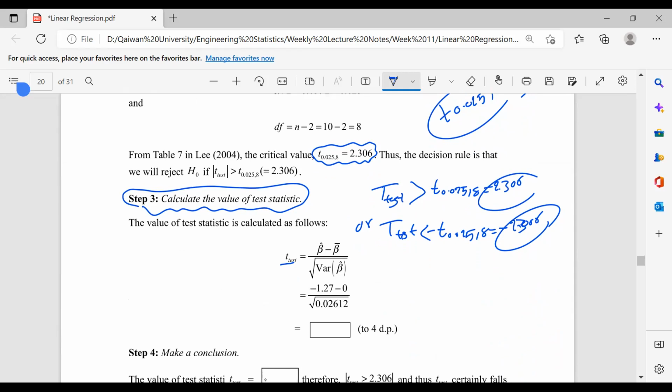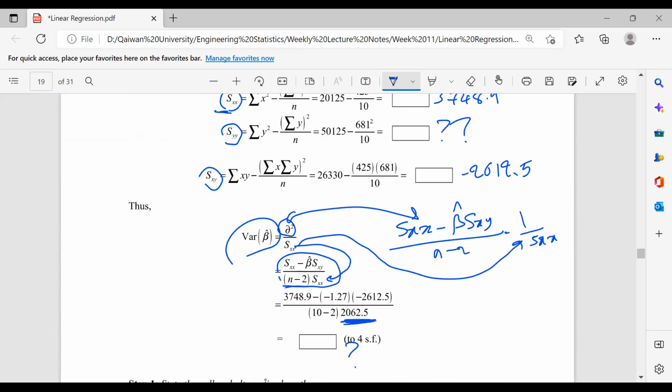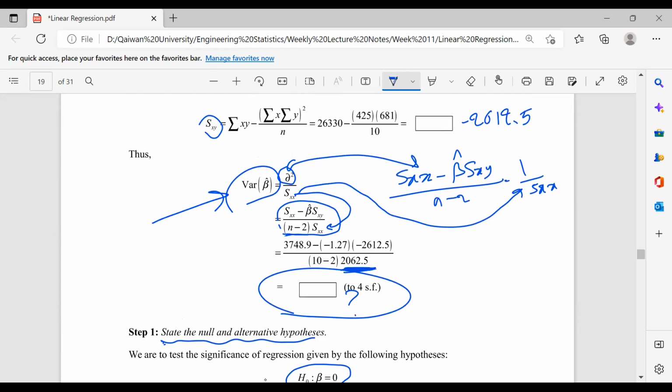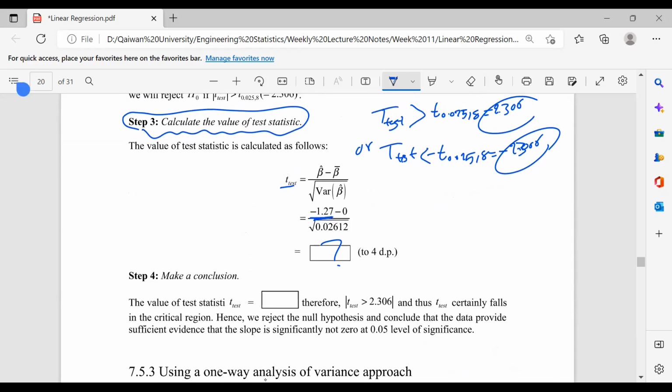And here we have minus 1.27 divided by the square root of the variance of beta hat. The variance of beta hat could be obtained by this rule. This is the variance of beta hat, and the result is a number. We just divide minus 1.27 by this square root.